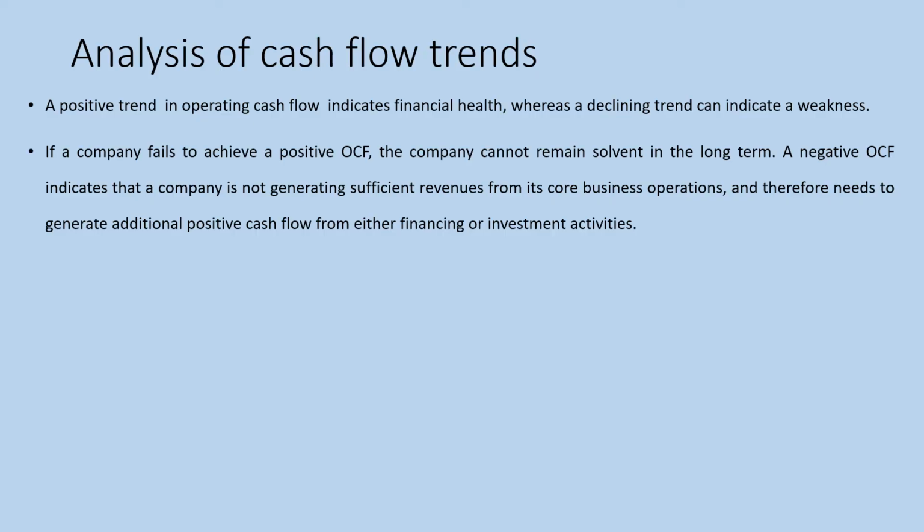A negative operating cash flow indicates that the company is not generating sufficient revenue from its core business operations, and therefore they need to generate additional positive cash flow from either financing or investment activities.